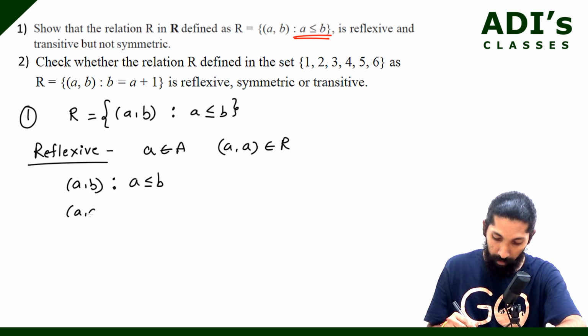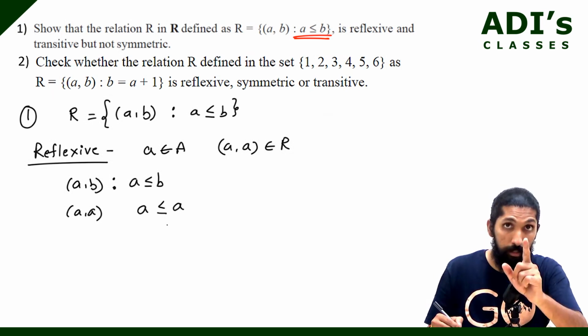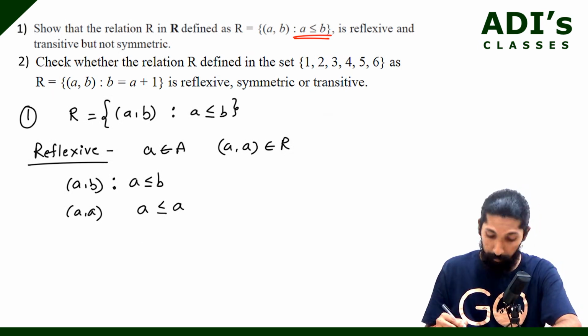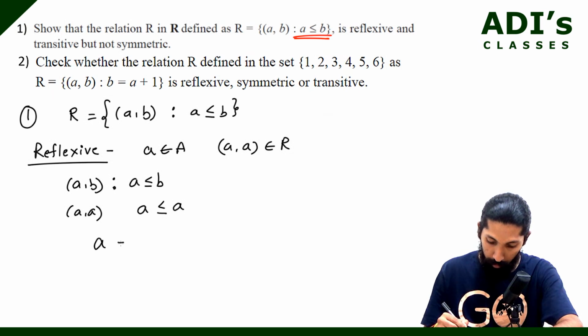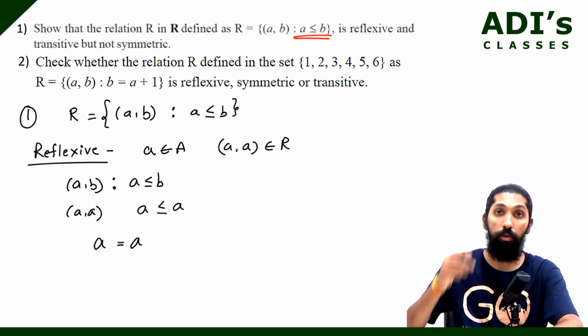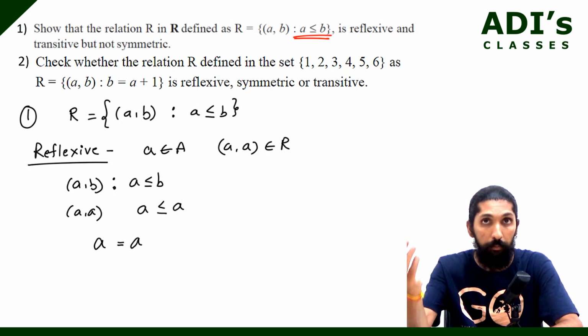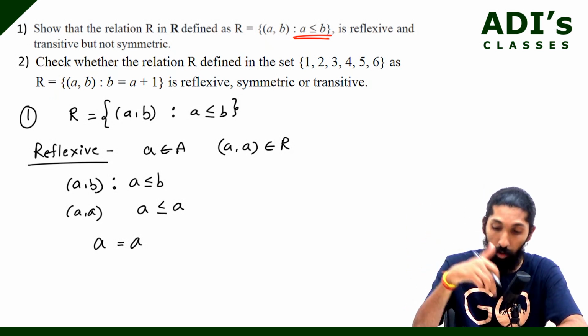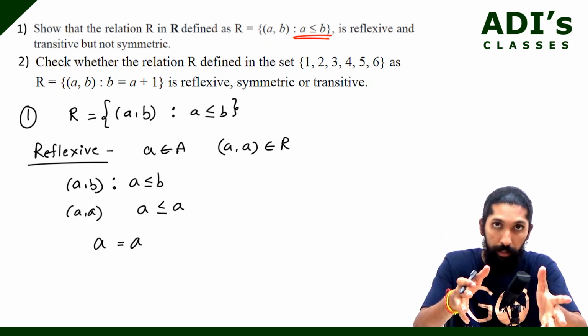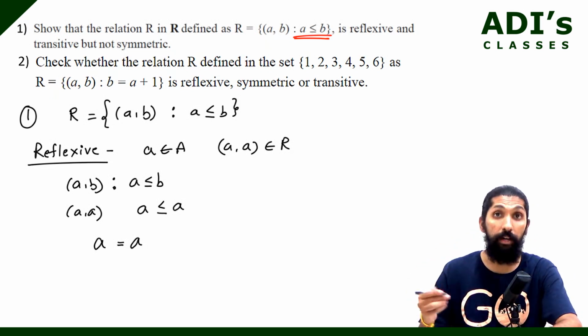So if you have (a, a), then a is less than or equal to a. There is an equal to sign. That means we have a = a, isn't it? So for all a belonging to A, (a, a) belongs to R, correct? So how do we write it?